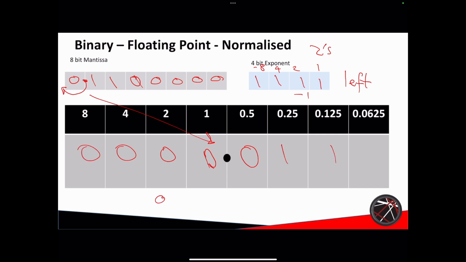So in other words, we've got 0.25 plus our 0.125, which gives us 0.375, and therefore we've represented a much smaller decimal as a result, and that's what tends to happen when you move it to the left, in all honesty. But yeah, that's what the scenario would look like.